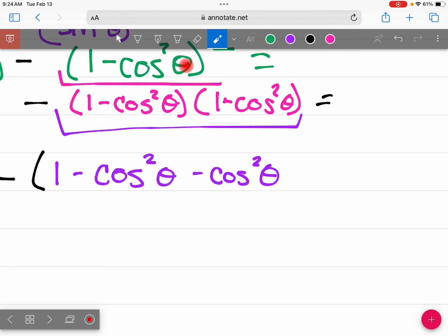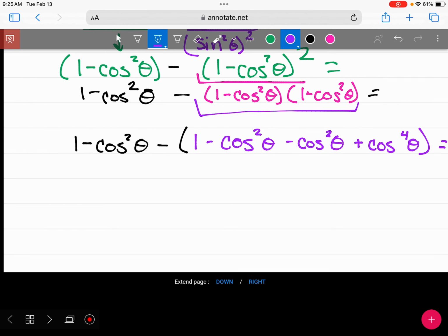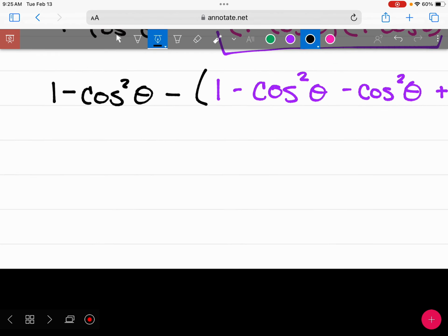So then we've got our minus cosine squared times minus cosine squared to get plus cosine to the 4th of theta. And we're all the way up to that equal sign. Told you this is going to get wide. And we're going to be really, really careful because I have a lot of minus signs here. So my next step, I'm going to distribute this minus sign all the way through because holy cow, is this getting messy.